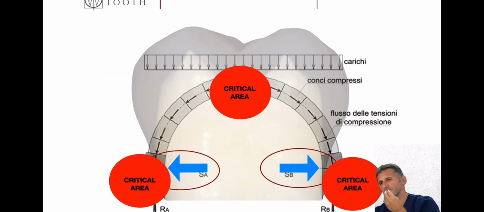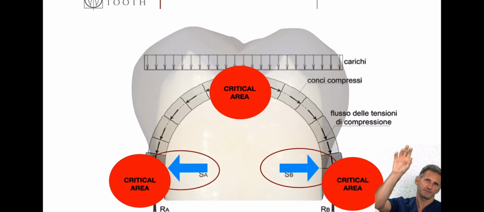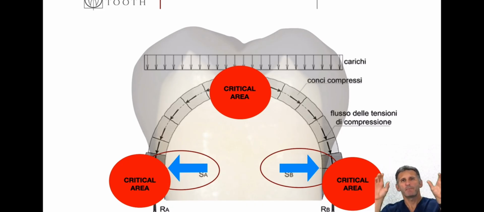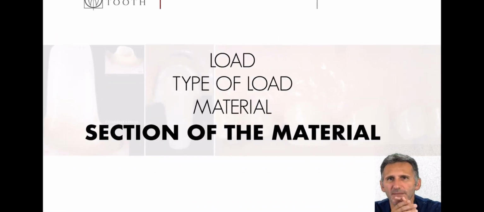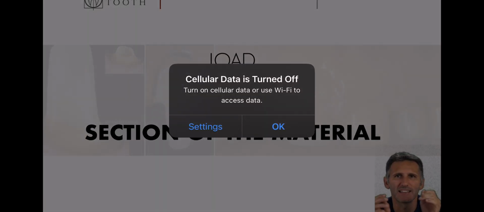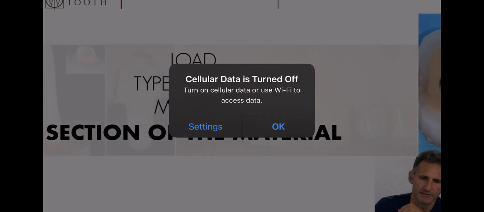So, remember the vaulted arch and this concept. We have to understand that the critical areas of a tooth are these: the occlusal part, how wide the access is, and the pericervical dentin that is on both sides of the tooth. At this point, we can analyze the section of the material.